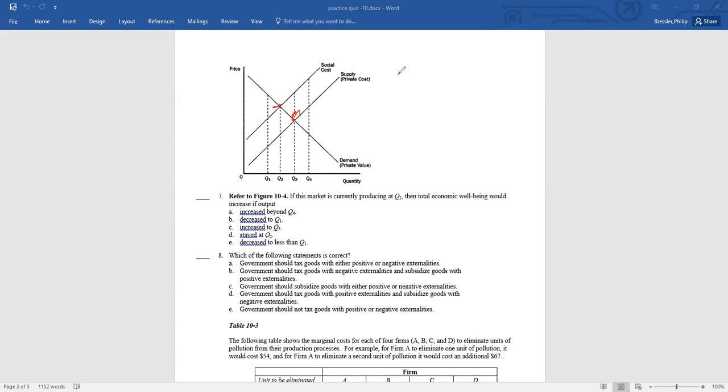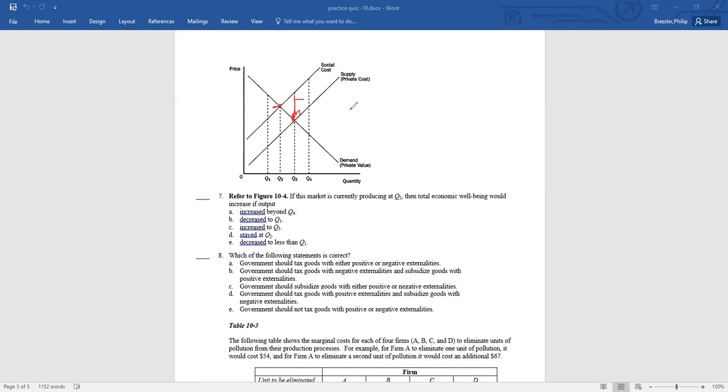What would you have to do to increase social well-being? Well, there you'd have to decrease production, okay? Or put a tax on, you know, an excise tax. They could ask you, like, what represents external cost? And that would be that line right there.